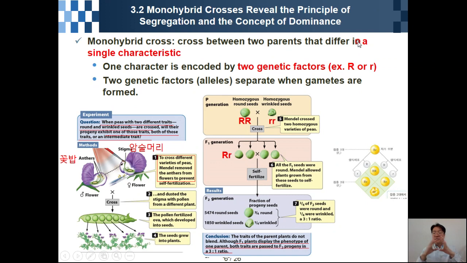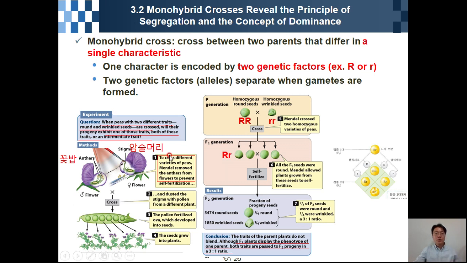Everything is exactly the same, but they only differ in, for example in these cases, seed shape. For example, this is a round and this is wrinkled.